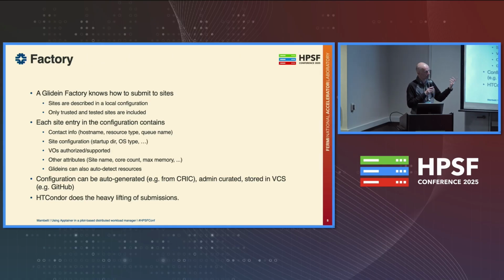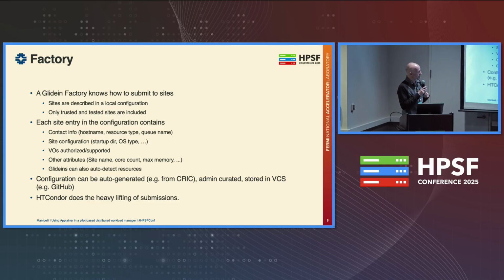The factory is another component of the system and is the one that knows how to submit the pilot jobs, these Glideins, to the different nodes. So it has an idea of what each resource has and knows how to go there. It has a configuration, so each resource is tested before starting to use it, and it knows how to contact and submit, which collaborations are authorized to run there, and other attributes that are then verified and eventually modified by the Glidein running on the node.